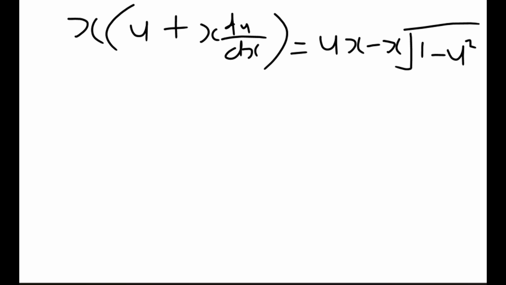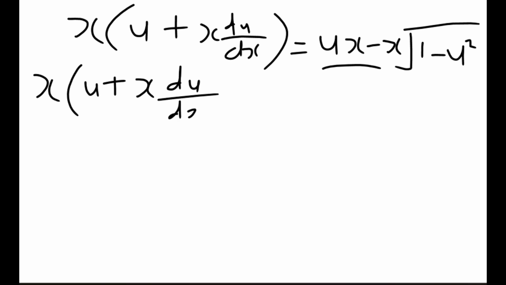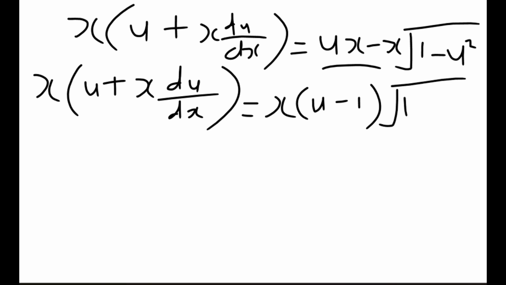Good. Okay, so from here we can see that x is common between u and x, so we factorize x out from that side. Let's rewrite this expression: x du/dx, bracket close, is equal to x into brackets u minus 1, bracket close, square root of the expression 1 minus u squared.